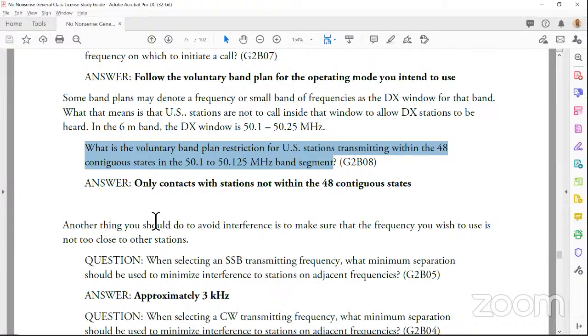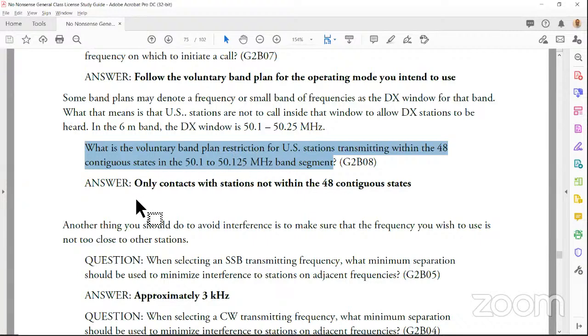First of all, they're telling us that the frequency range they're asking about is 50.1 to 50.125. So there's something special about that little frequency band segment. And they're telling us that we are a US station within the 48 contiguous states of the US. And there's a restriction. What is that restriction?